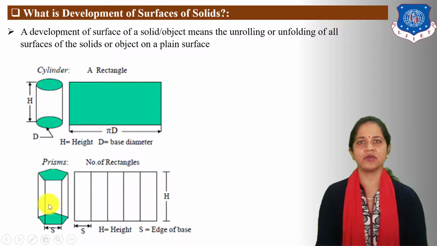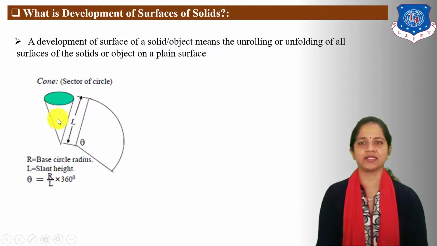Here, the pentagonal prism has 5 rectangular faces, so 5 rectangles open in its development. The length of each rectangle is equal to the edge of the base, and the height of each rectangle is equal to the height of the prism.